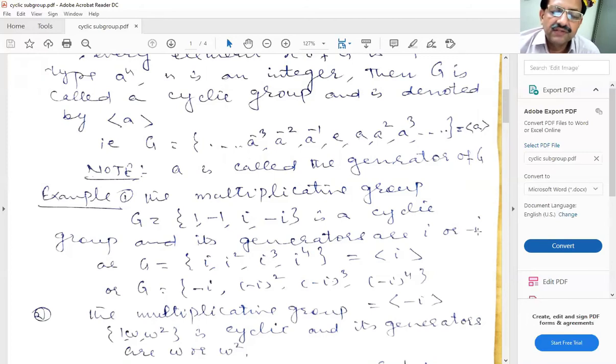As G is equal to, set में देखिए iota, iota square, iota cube, iota raised to power 4, जितने भी इनकी values आएंगी all are present in G.